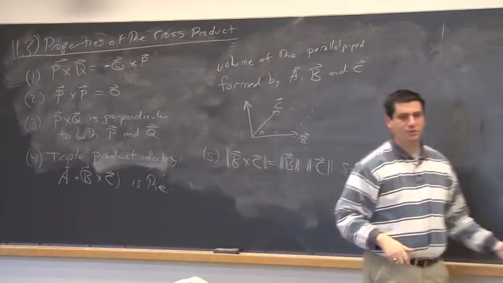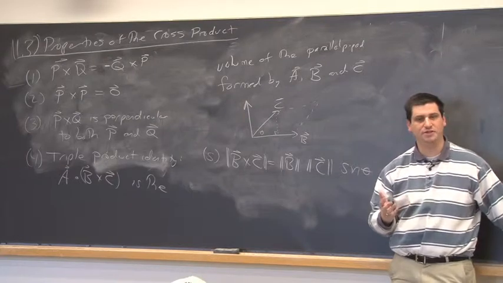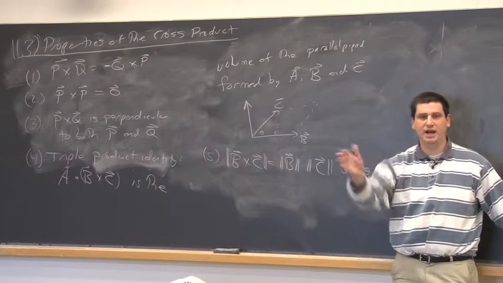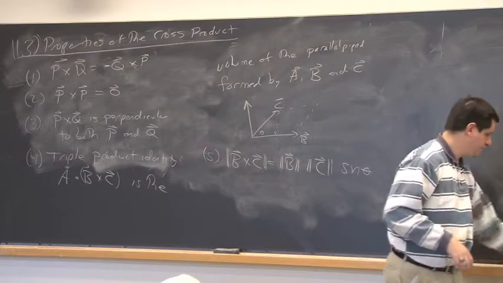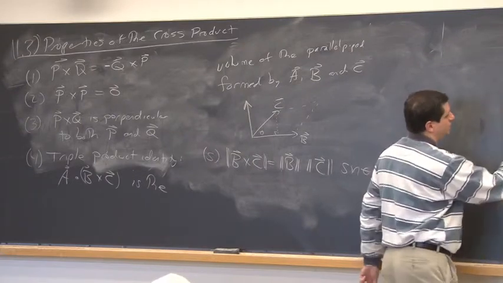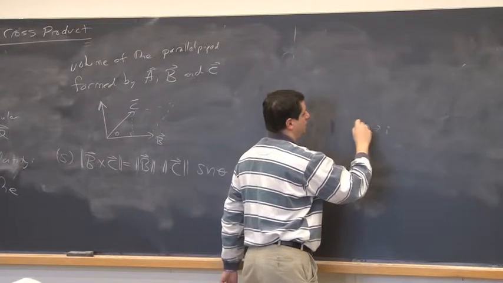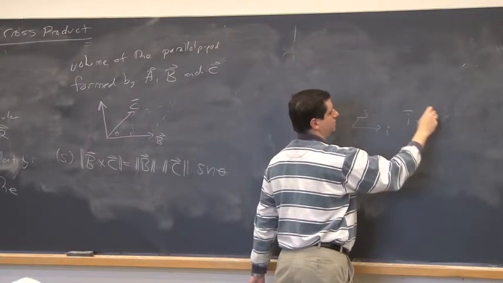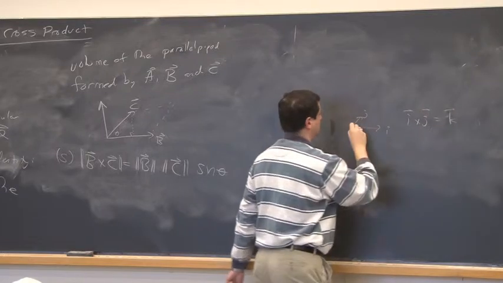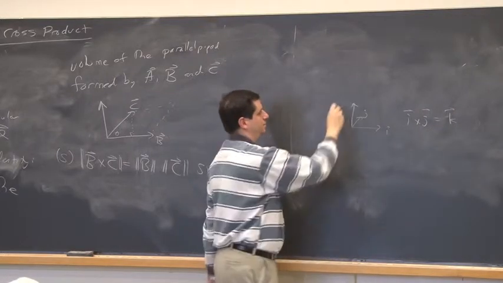One way to build an intuition for this is to take special cases. You can take something in the I direction, something in the J direction. Here's I, here's J, and it turns out I cross J is equal to K, coming up straight like this.